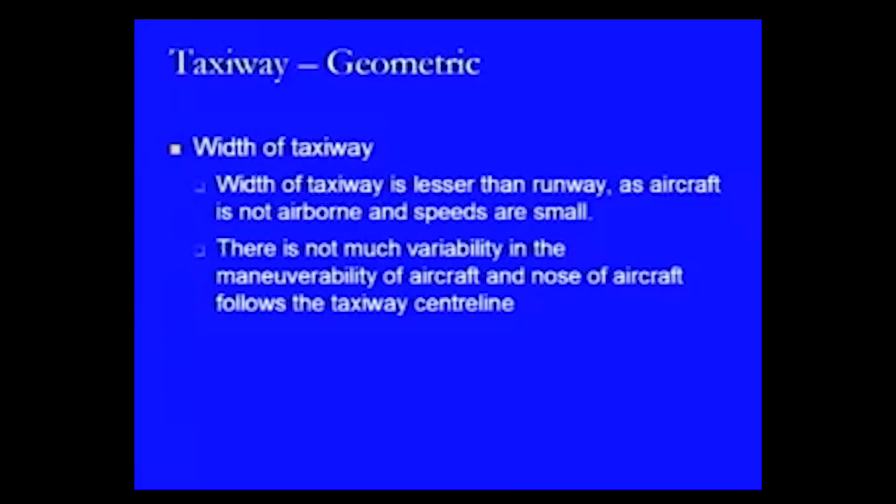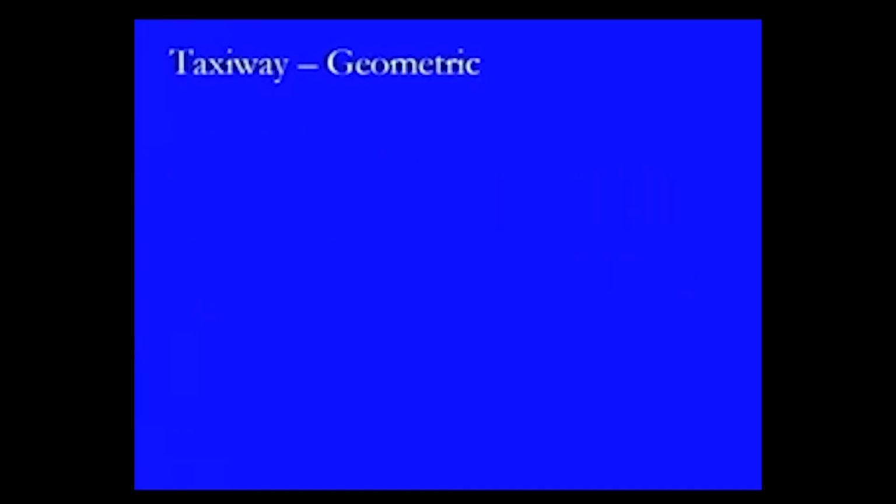That is the one type of guideline which is provided, that the pilot may follow the center line of the taxiway and the nose will keep on moving along that one, and in that case whatever width is required, that width is to be provided. Generally, this width of the taxiway varies between 22.5 meters and 7.5 meters.